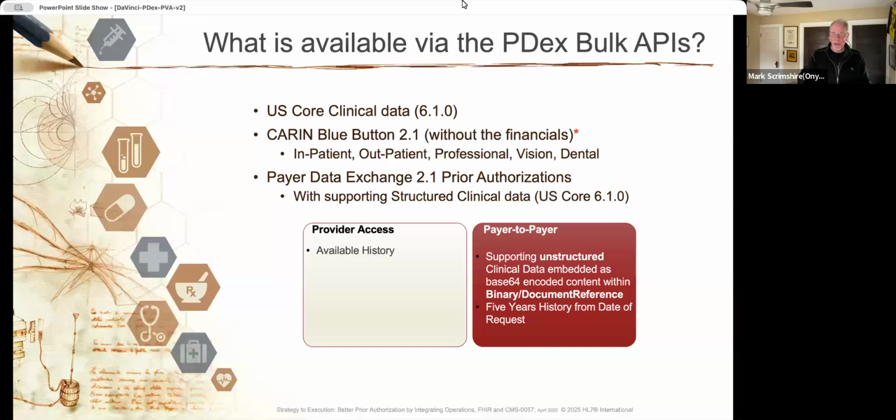So we've incorporated the extensions that you would find in prior auth support in the PDex prior authorization EOB. There is a difference, though, between payer-to-payer and provider. It's slightly esoteric: payer-to-payer also has a requirement that any unstructured data used in the course of determining a prior authorization also needs to be incorporated.